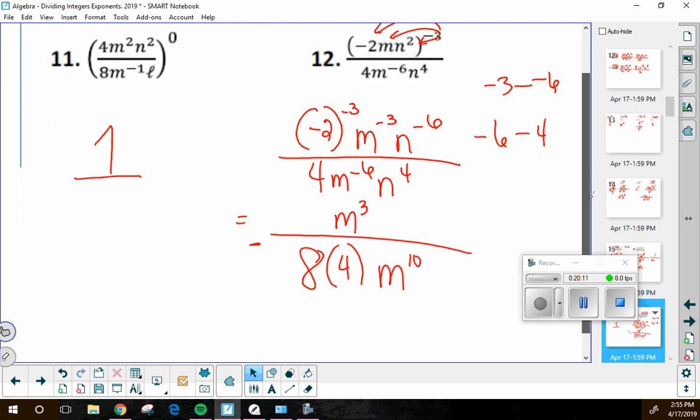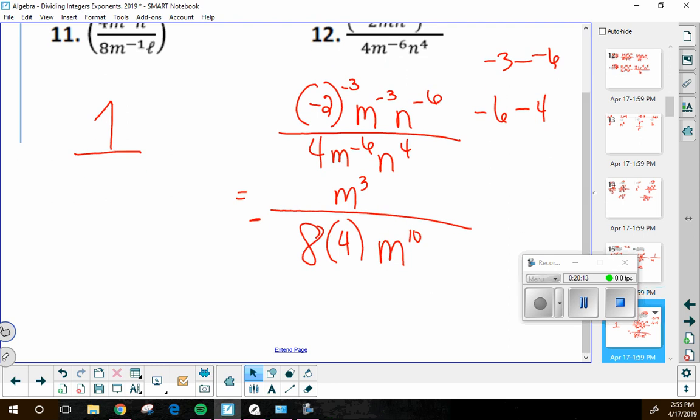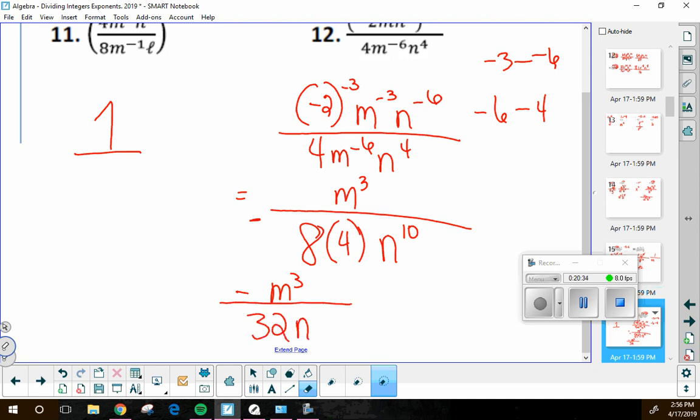And then the last thing I need to do is, that's an n, that's an n, that's an n. Just kidding. N to the 10th? Yes? Okay. What is 8 times 4? 32. So it's negative m cubed over 32 n to the 10th.